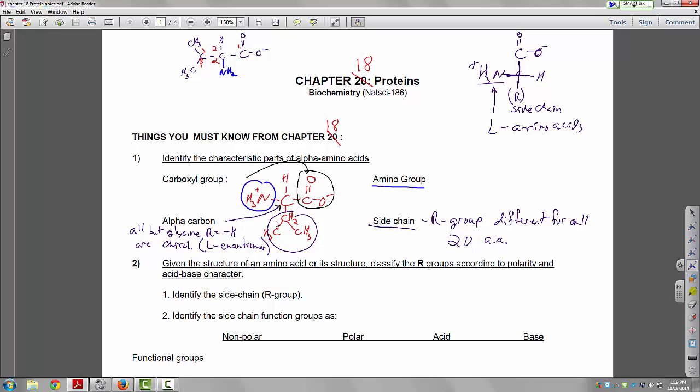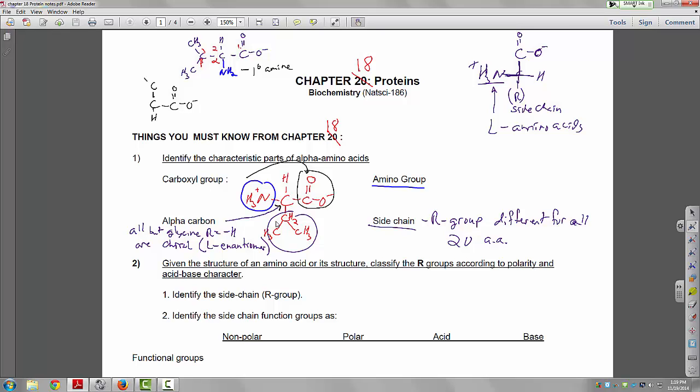In all of these amino acids, except for 1, they are primary amines. So remember, this here is a primary amine. There is one amino acid, proline, which is a secondary amine. Let me draw the structure of proline here. Here's our alpha carbon, carbon number 2. I'll put the hydrogen down here.